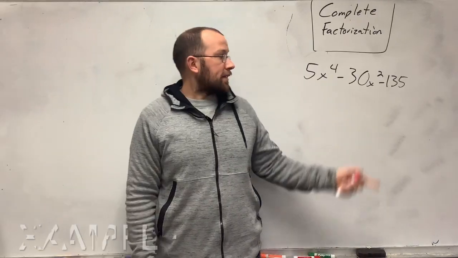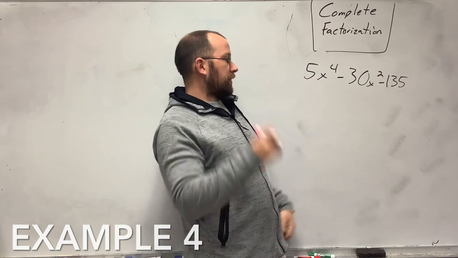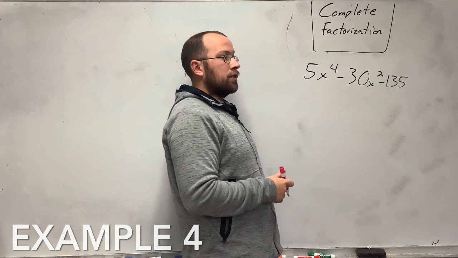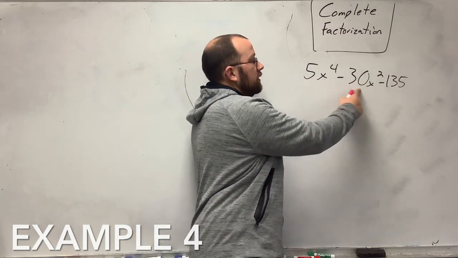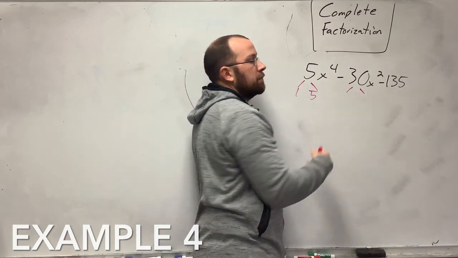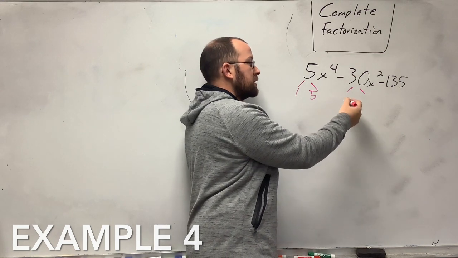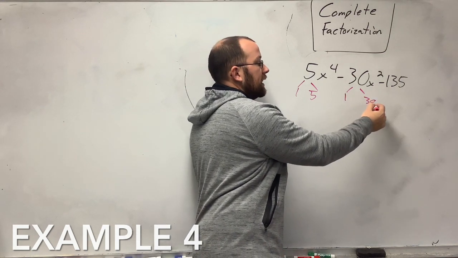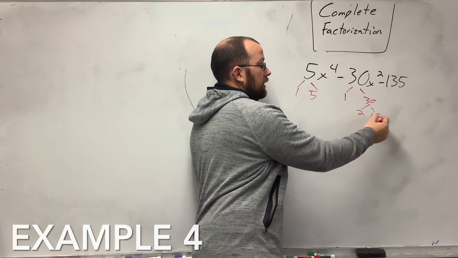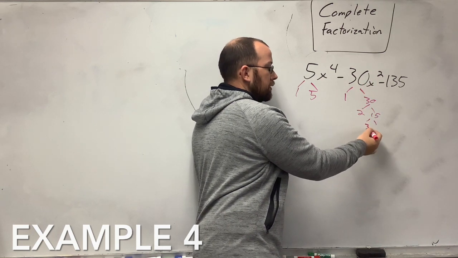All right, our last example. We can see it's already in order, but my lead coefficient is something other than 1. So I'm going to try to find the greatest common factor if there was one. Sometimes there's not a greatest common factor in the trinomial, so then you just go about your business as usual. In this case, you can just look at it and know 5 is going to be your highest one.